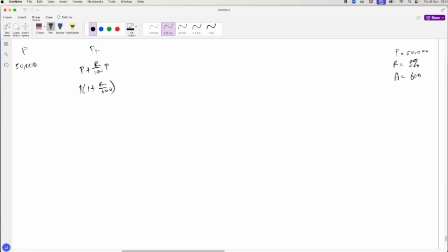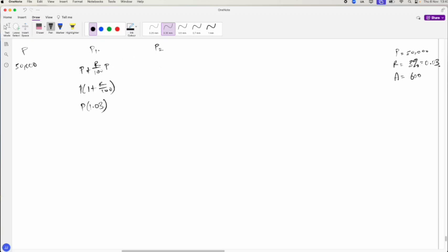And I mean 1 plus R percent, remember R is 3%, which is 0.03. So this will be P into 1 plus 0.03. Yeah, and I'll just put in the R there to make it a little bit simpler, right?